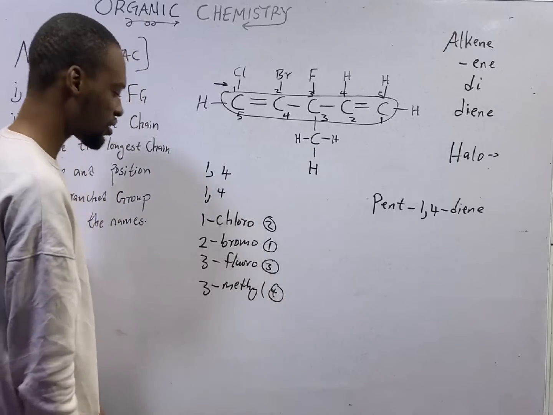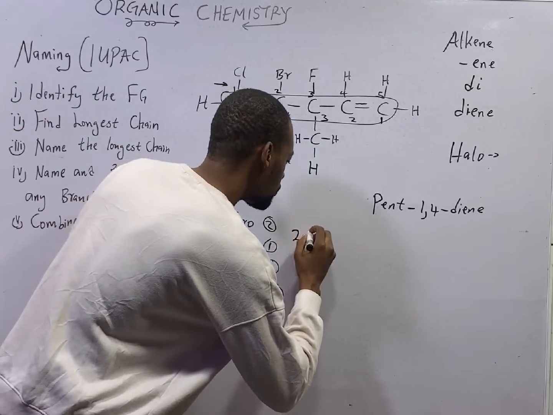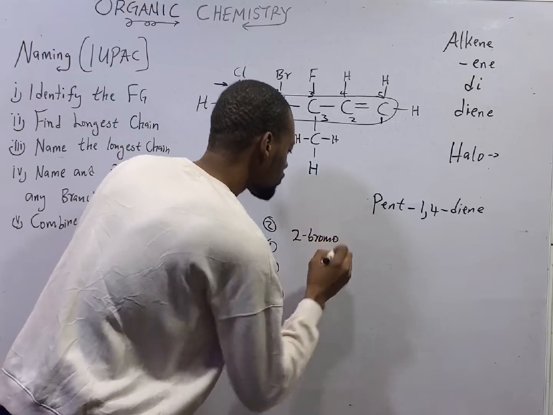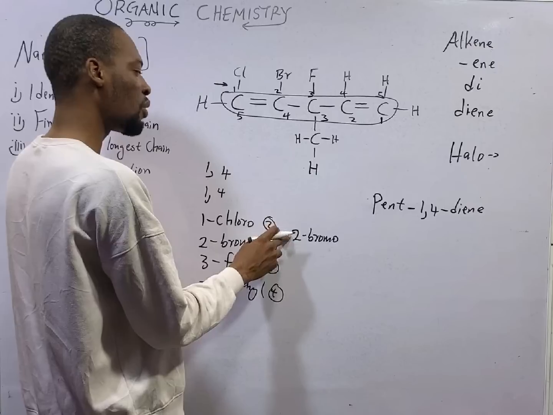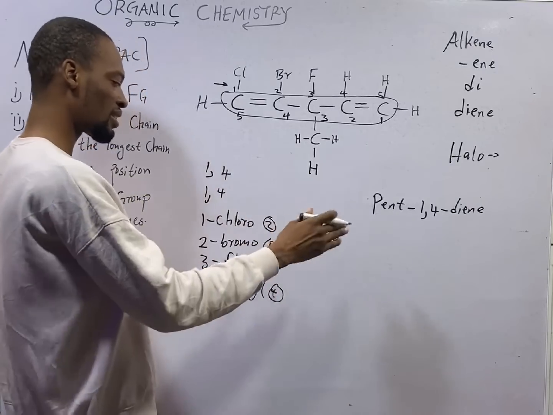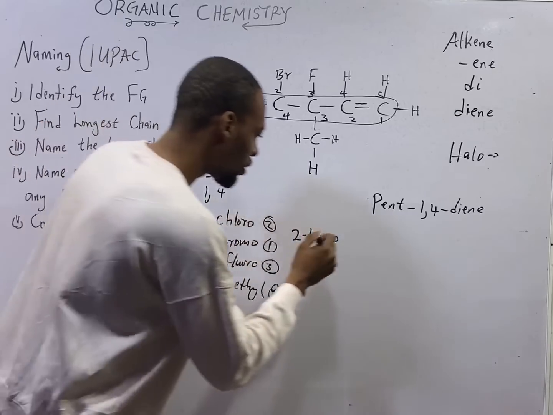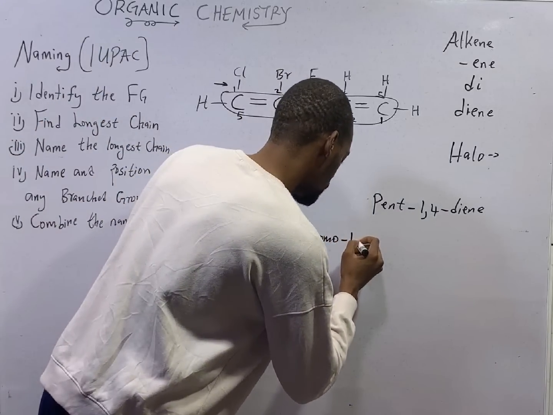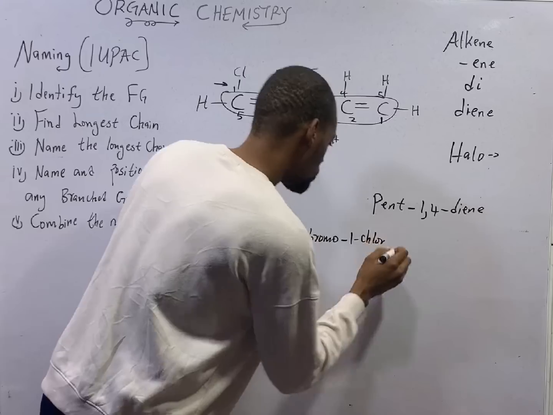Now, let's arrange. The first one is bromo. 2 bromo. Separate letters and numbers with a dash, and numbers and numbers with a comma. Then 1 chloro.